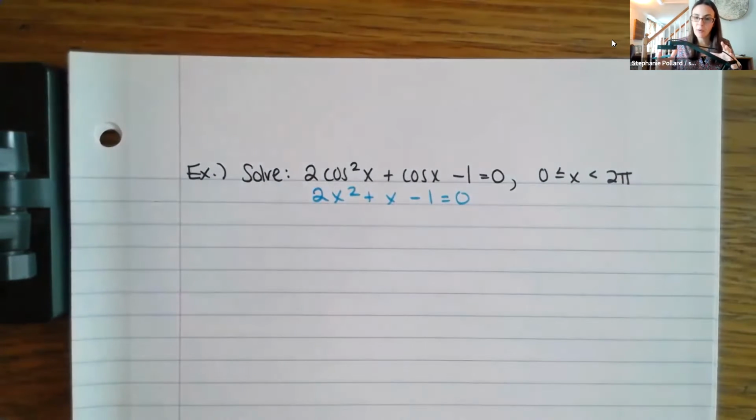So it has that same form, but instead of having x's, it's cosine x's. So one technique we can use for quadratics, although there's many, is to see if we can factor it. Now, not every trinomial is factorable, but it's a good place to start. This one does happen to be factorable.